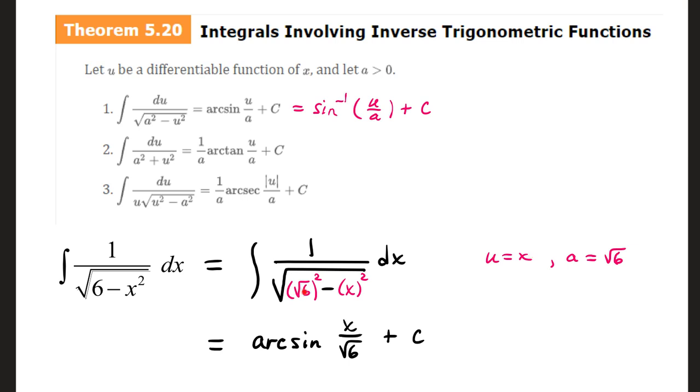Because this rewriting gives us exact values for a and u, when we integrate, we can use the formula up here, and that is arcsine of our u value, which is x, over the a value, which is the square root of 6. And don't forget your constant of integration. So really the key is to mimic one of these integrals as closely as you can, and then you just integrate once you know your u and your a value.